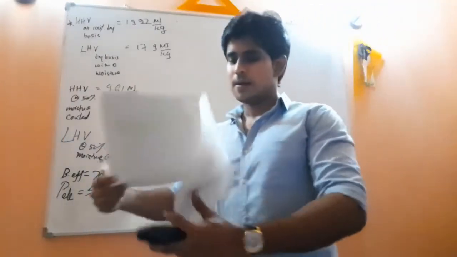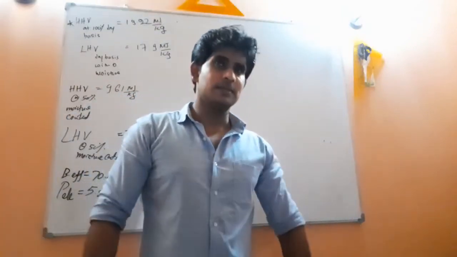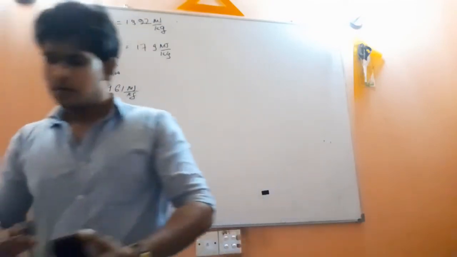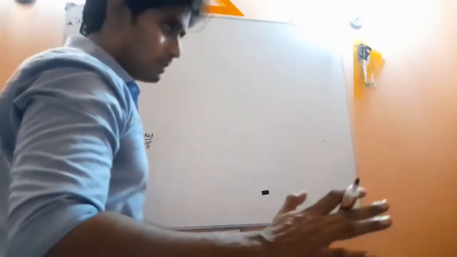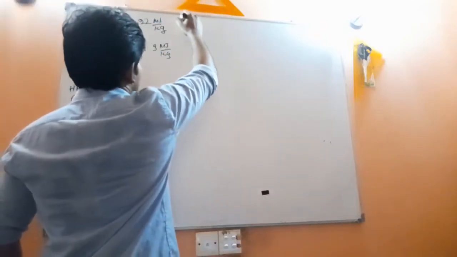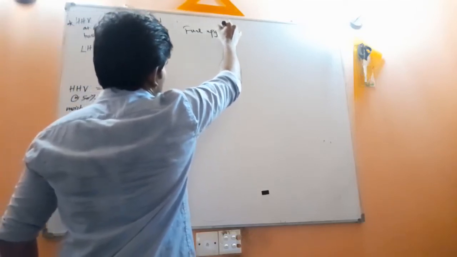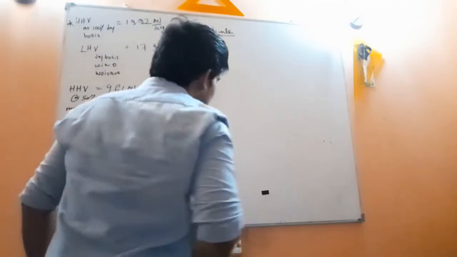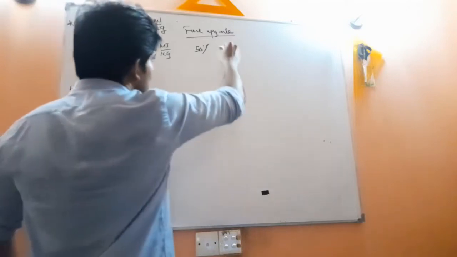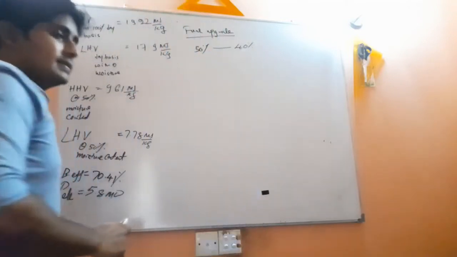So that means now initially the moisture content was 50%. Let's put a topic called fuel upgrade. So initially it was 50% moisture content, so now it's reduced to 40% moisture content, right?